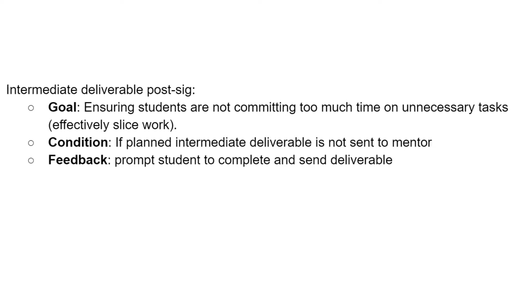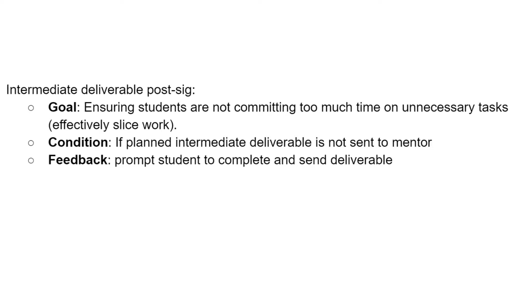The condition would be if a planned intermediate deliverable was agreed upon and if it wasn't sent to the mentor, and the feedback for it would be to prompt the student to complete and send a deliverable. This is an example that will come up multiple times in this presentation and is a very basic representation of what orchestration scripts aim to accomplish.